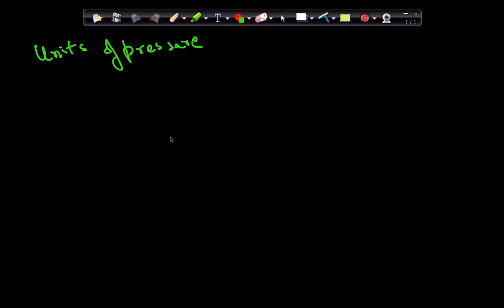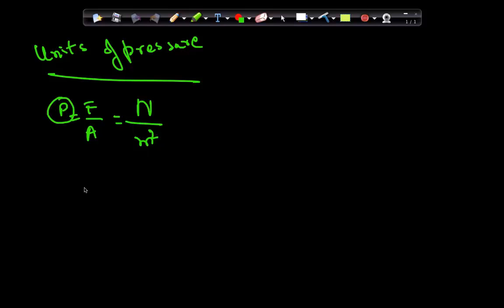So what is the unit of pressure? Pressure is equal to force by area, and in SI units, force unit is Newton and area unit is meter squared. So Newton per meter squared is the unit of pressure, and Newton per meter squared can also be called Pascal. It is represented as Pa. Newton per meter squared is nothing but Pa.